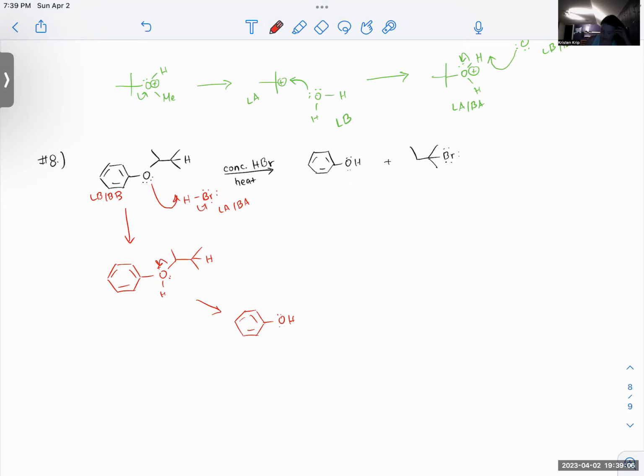And then we have this. However, it's a secondary carbocation, and we could totally make that a more stable carbocation by doing a hydride shift.